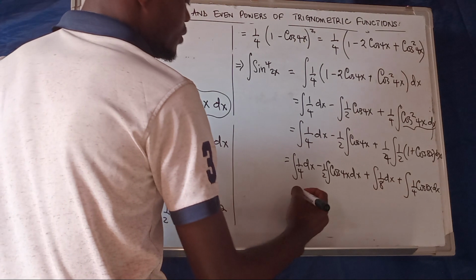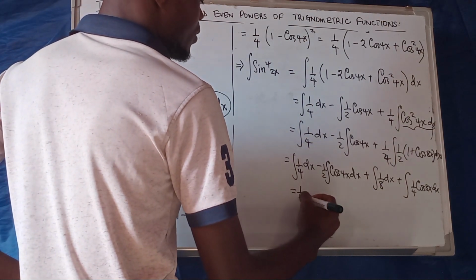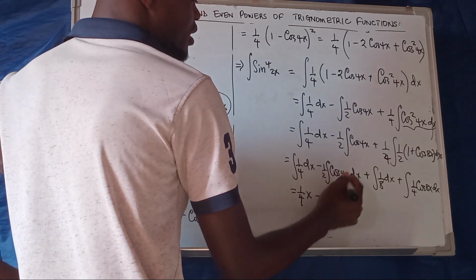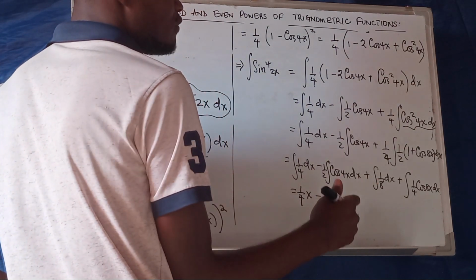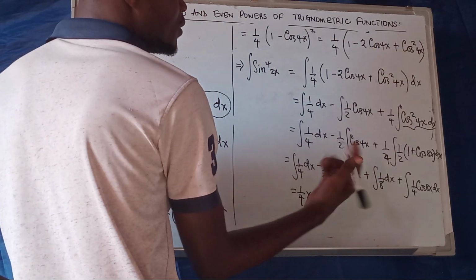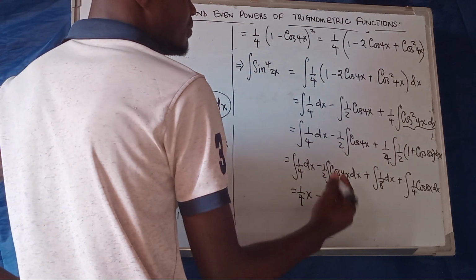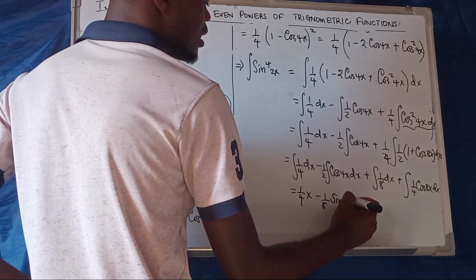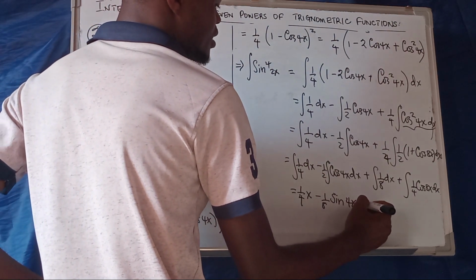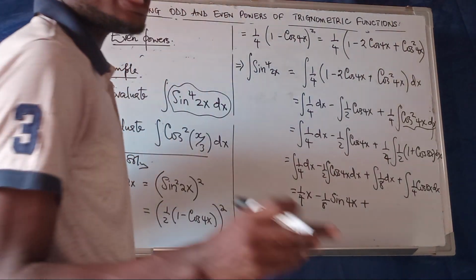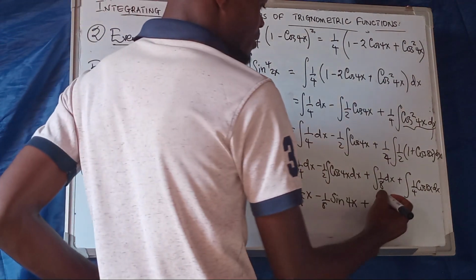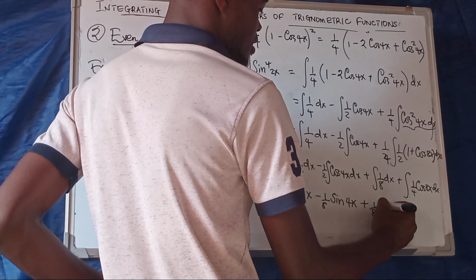So this gives me a quarter x minus, when we integrate this, it is 1 over the derivative of the angle, so it is a half times a quarter, which is 1 over 8 sine 4x. Remember, when we integrate cos x, we get sine x. Then plus 1 over 8x.